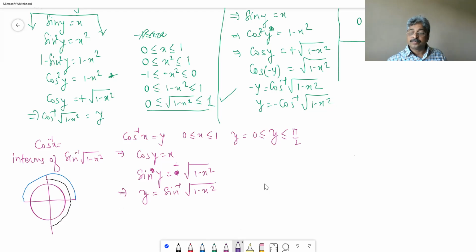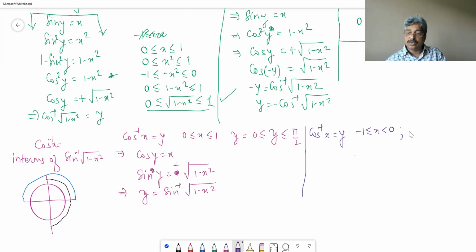Second part. Cos inverse x is equal to y. 0 is not included, therefore minus 1 is less than or equal to x, strictly less than 0, and therefore now your y angle is where?